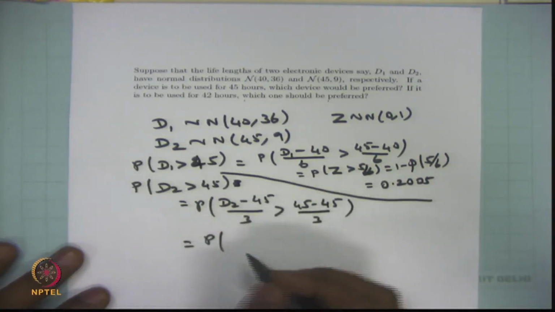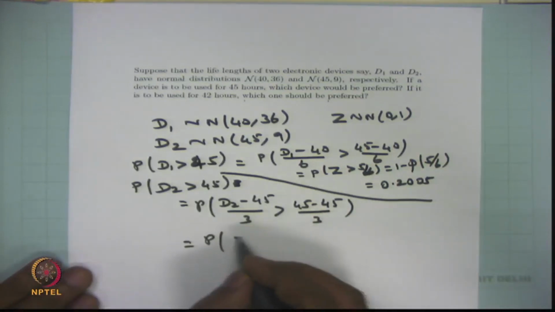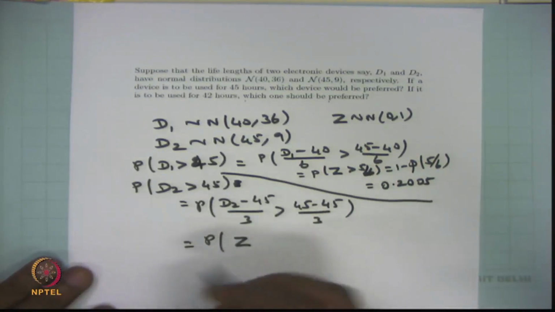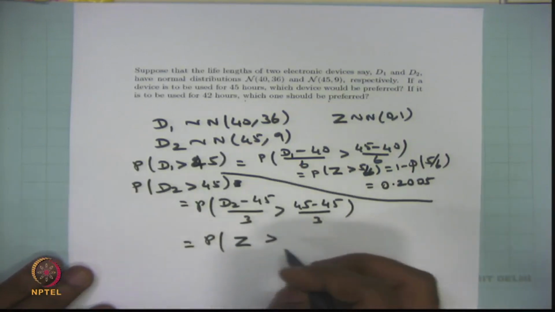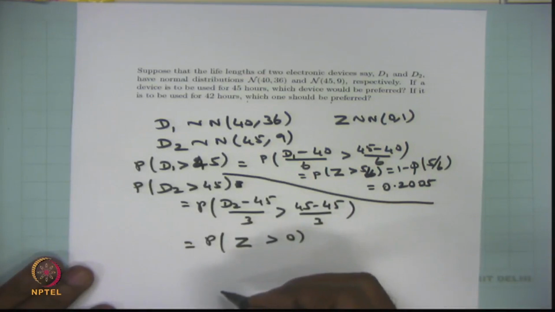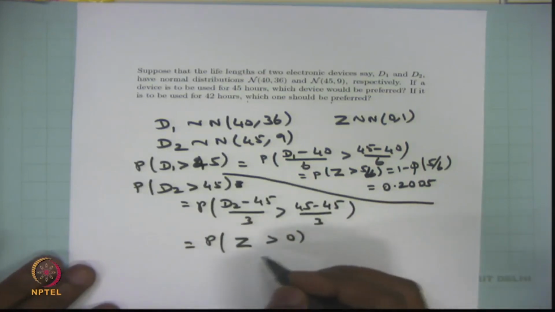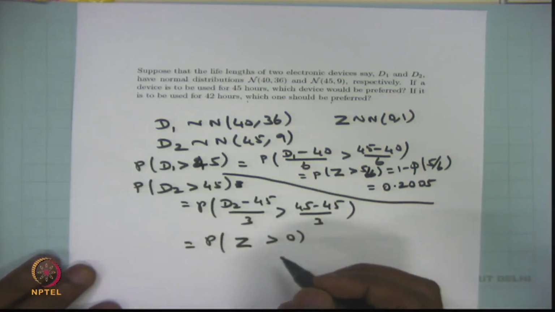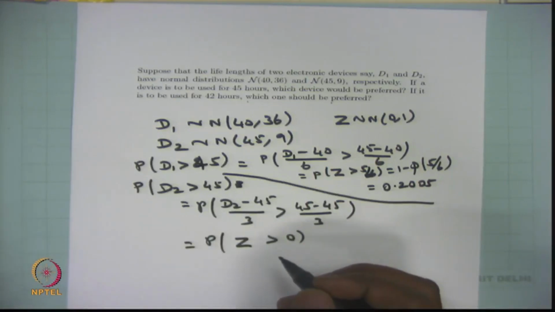D2 minus 45 by 3 becomes Z, standard normal, greater than 45 minus 45, that is 0. The standard normal distribution is symmetric about Z equal to 0, therefore the whole area, which is 1, is divided 50-50. So, the probability of Z greater than 0, that is from 0 to infinity, is going to be 0.5.